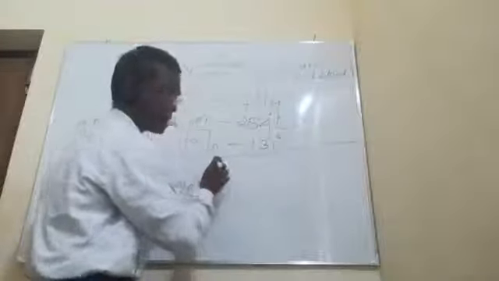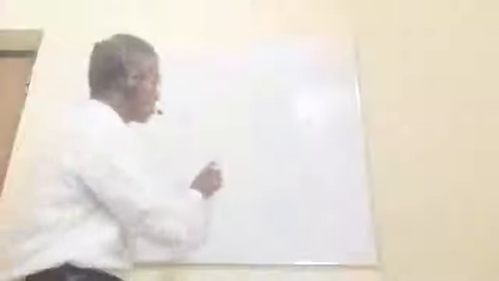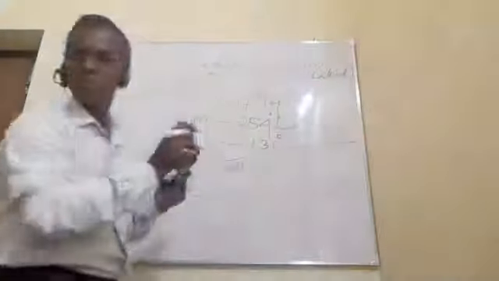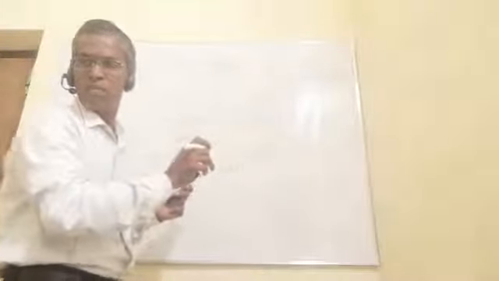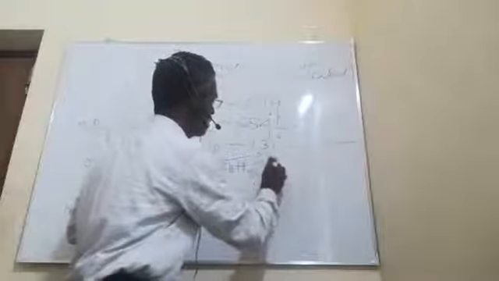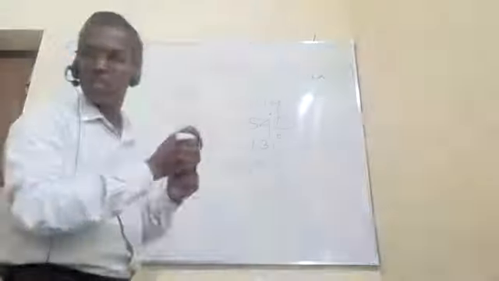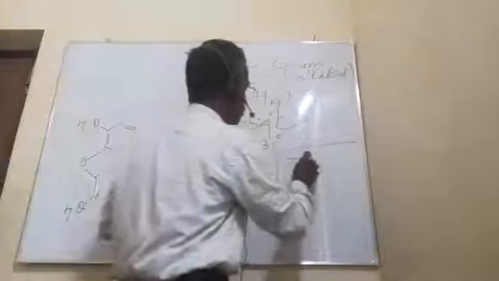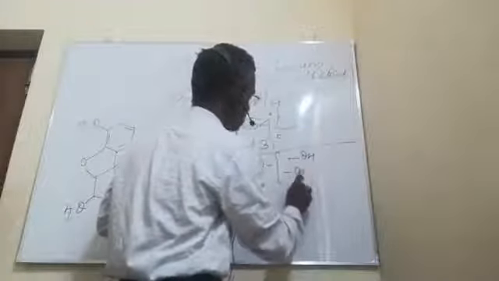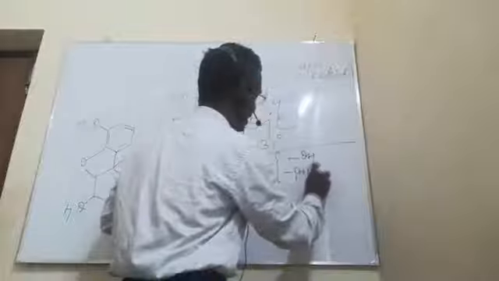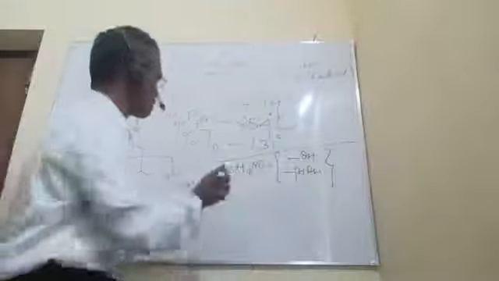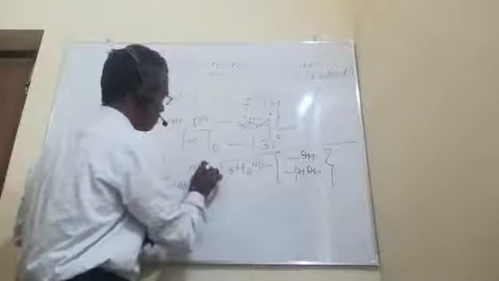Morphine, the basic structure is like this: C16H16NO. It has your OH, that is primary alcoholic, and apart from this we have a secondary alcoholic hydroxyl group also in morphine.